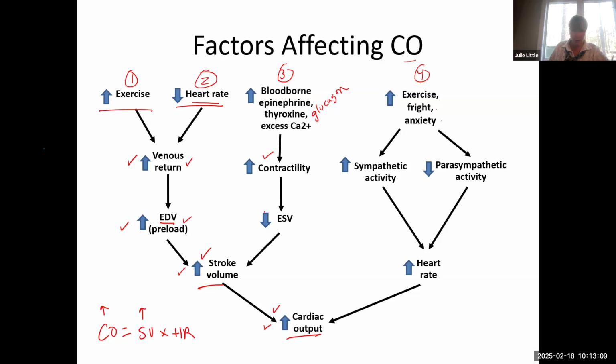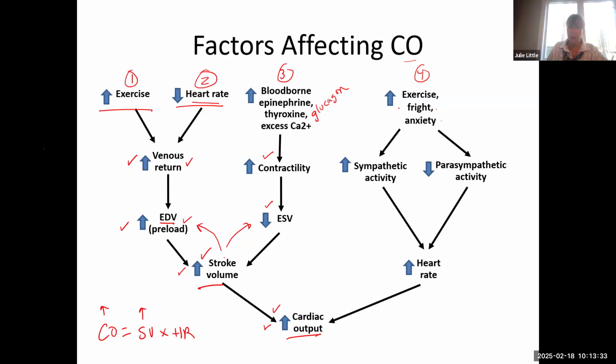But it's reducing end-systolic volume, because remember, stroke volume is affected by these two. So increasing contractility reduces end-systolic volume, which increases stroke volume, or you can think of this as the cart before the horse. I don't care how you do it, but this is something you need to know. Stroke volume increases cardiac output.